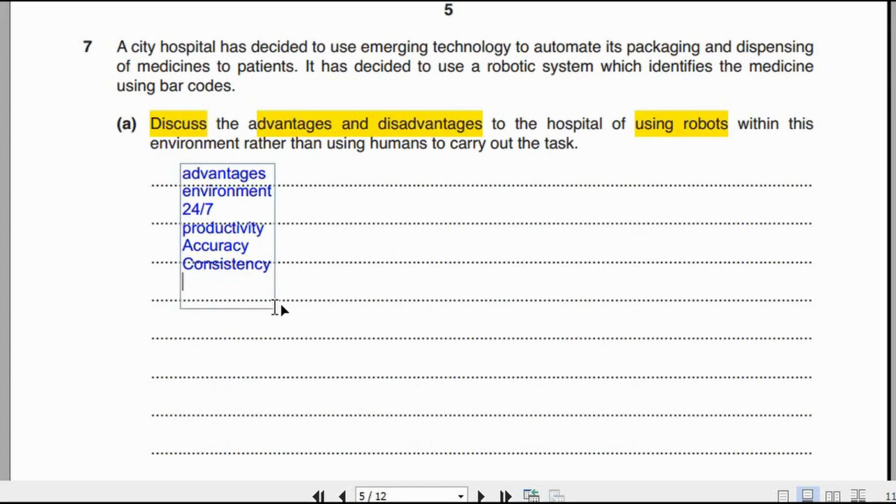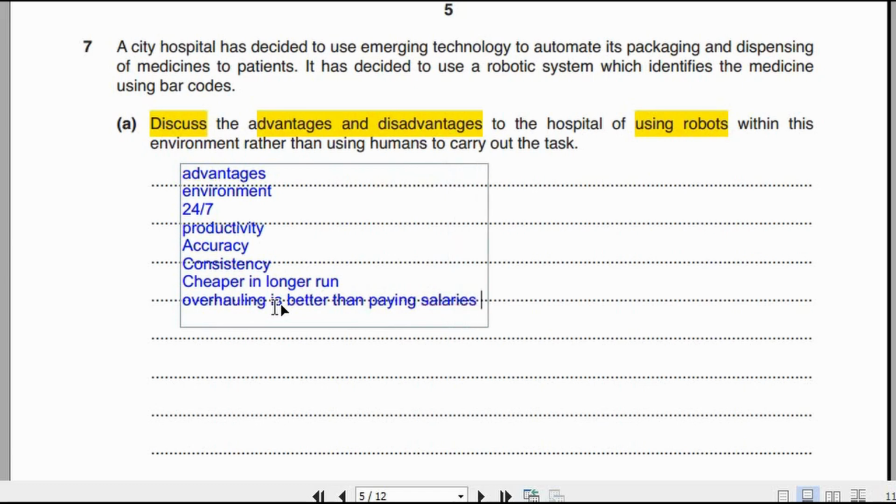For example, you can write cheaper in the longer run. This can be another advantage. Or if you have any other advantage, you can also write it, for example, overhauling is better than paying salaries and bonuses.